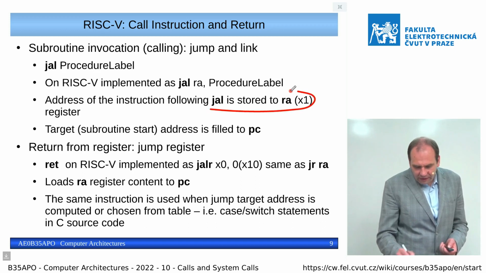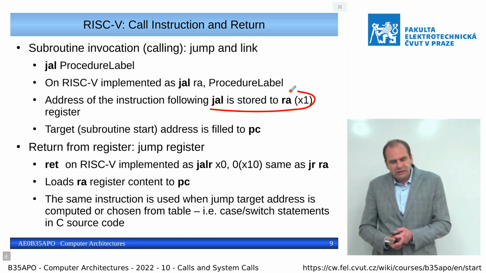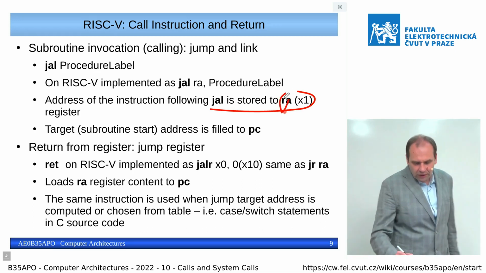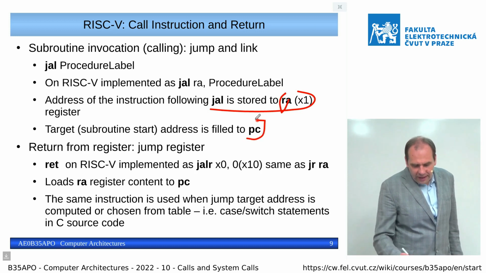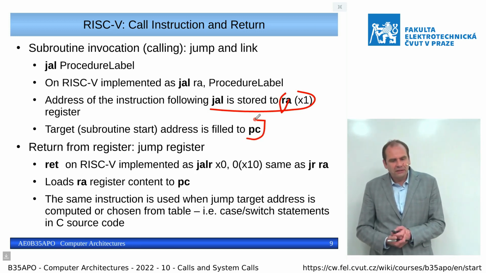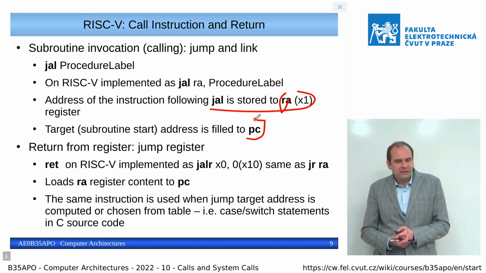When we call the subroutine, the address of the instruction following the jump and link is stored to the return address register, and then the program counter is filled with the address of the first instruction in the called subroutine.